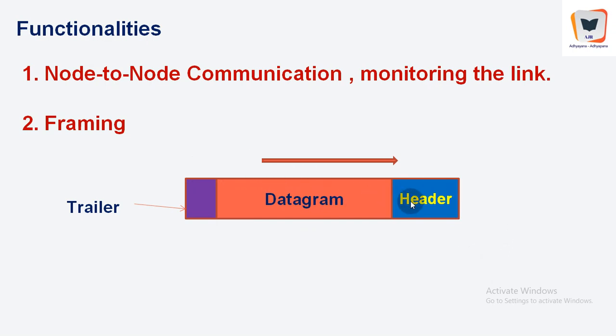Interestingly, it has a header where the control information of the data link layer is placed, and it will also have a trailer. This trailer mostly contains the error correction codes and error detection codes, and this can be called a trailer and this can be called a header if the directionality of the movement of the frame happens to be from left to right.